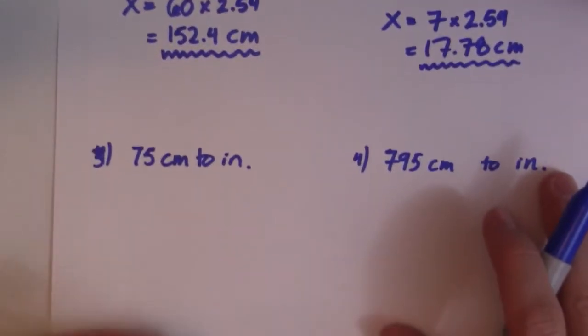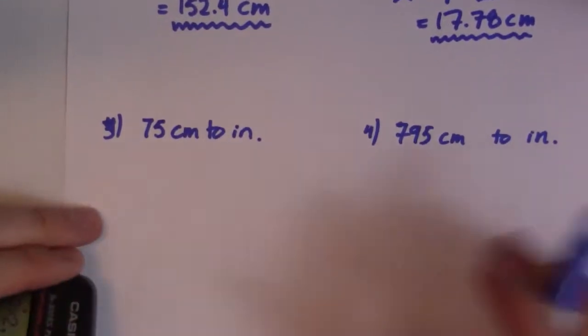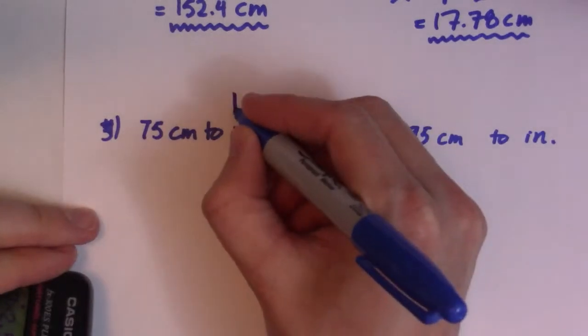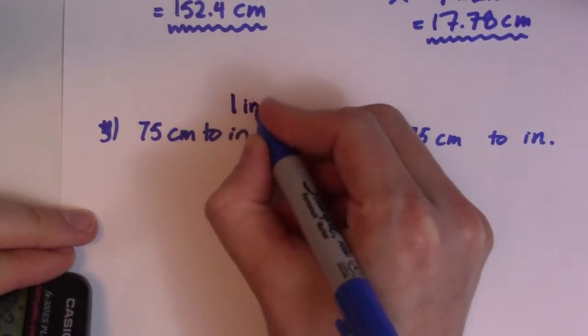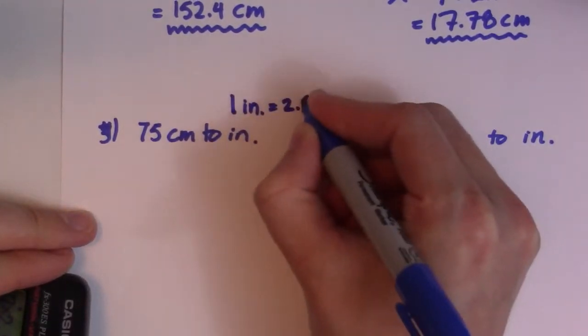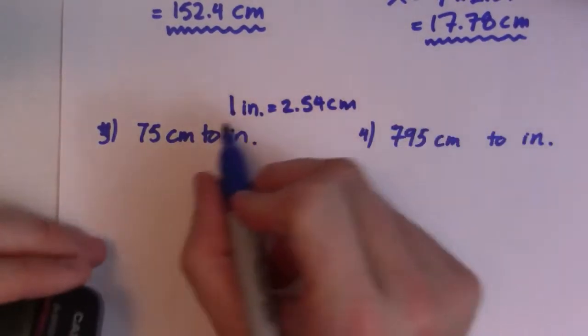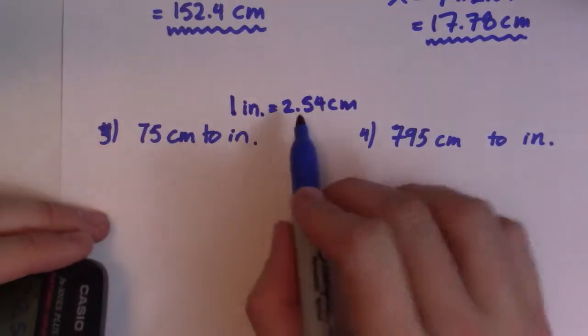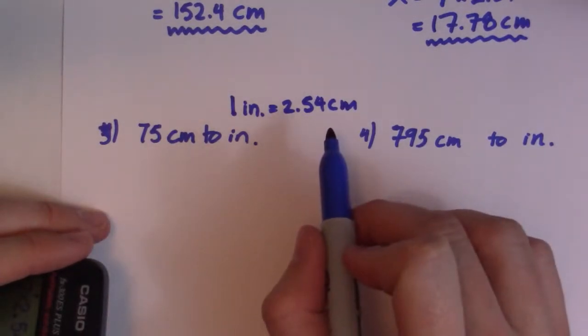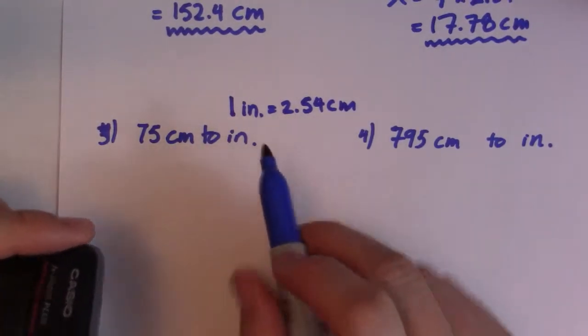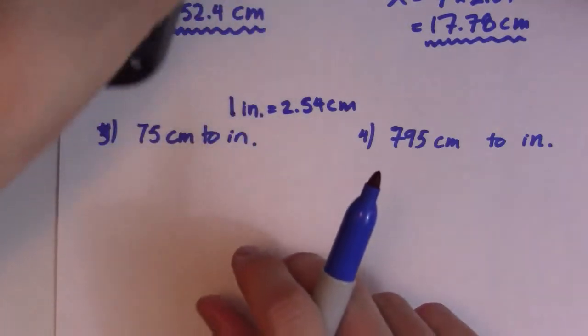All right, so centimeters to inches. I'll write my conversion just here so I can refer to it: 2.54. The thing about proportions is they don't care what units you're going to. As long as you have a conversion factor you can use, they don't care about the order. Just do it.